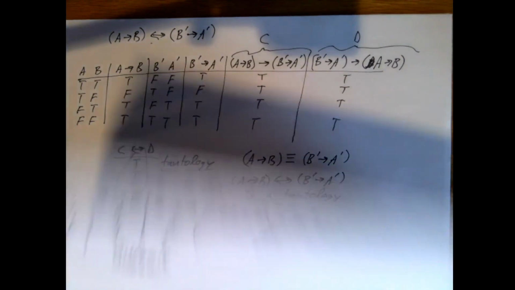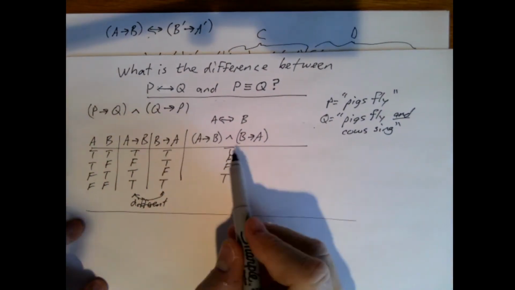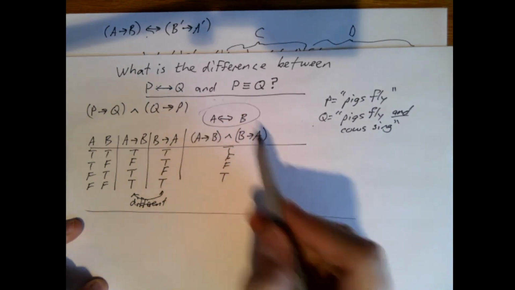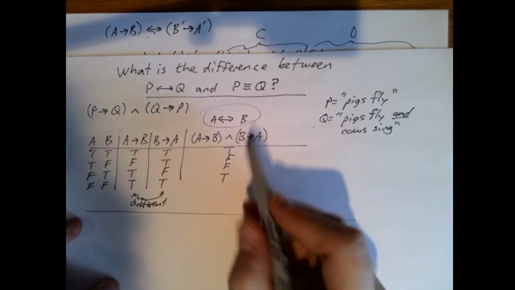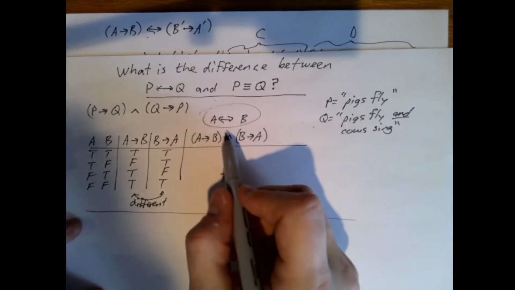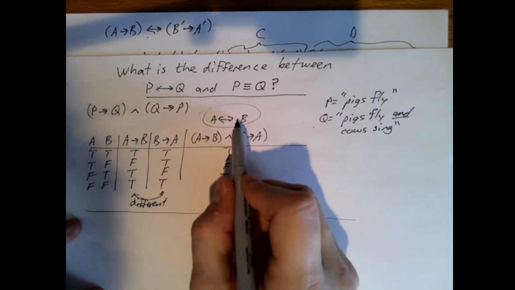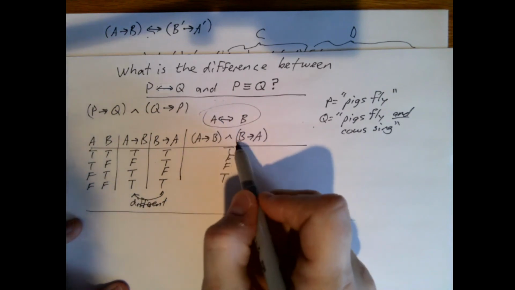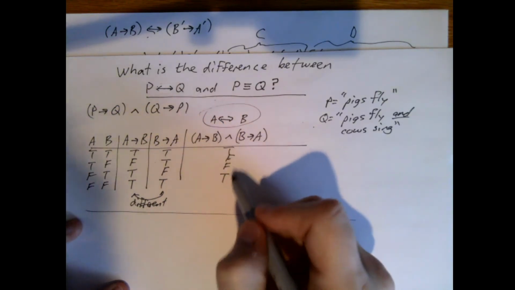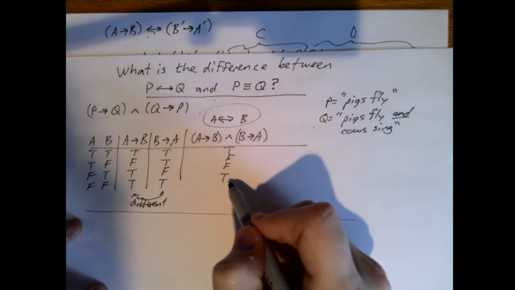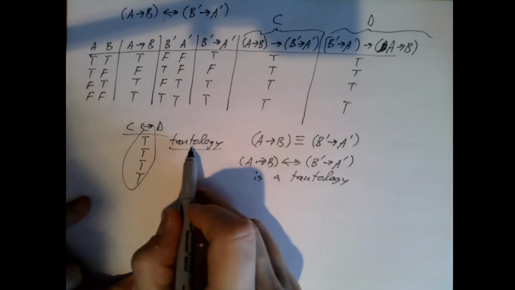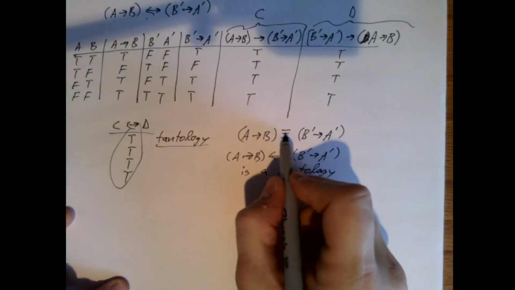We go back to the original example. For this particular example, okay, this was not a tautology. So once again, the biconditional is a logical connective. I can always write that between two well-formed formulas. But that doesn't guarantee that the values will be all true or all false or a mixture of those. When it happens to be all true, then we have a tautology, and we can then write it as an equivalence.